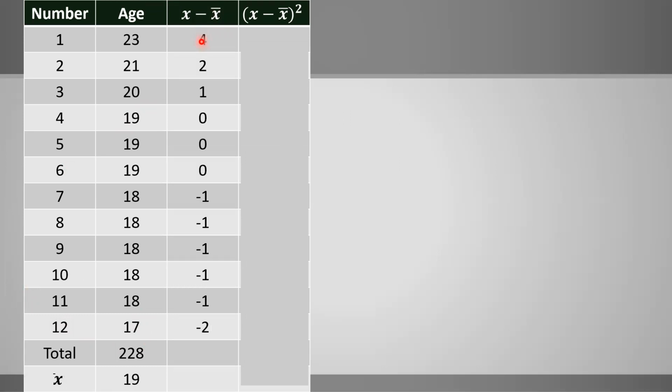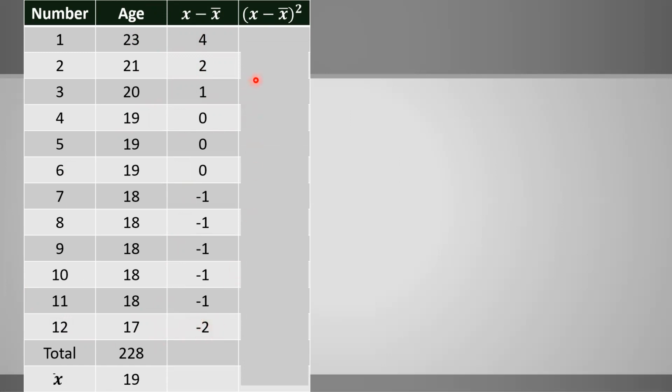So to maglagay ng value sa ating third column, we just have to subtract the mean from each sample. So we have 23 minus 19, then we have 4, 21 minus 19, we have 2, 20 minus 19, we have 1, 19 minus 19, 0, and so on, up to 17 minus 19, we have negative 2.